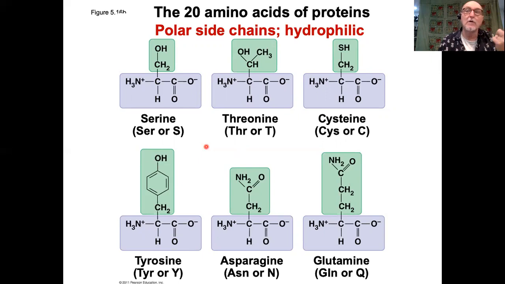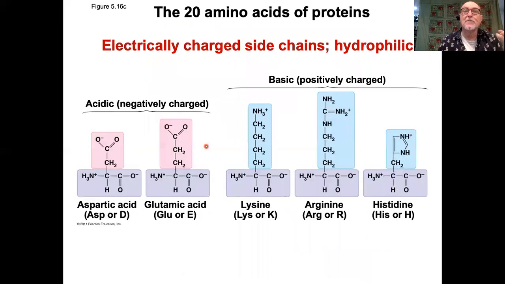So we've had non-polar groups, polar groups. Here we have strongly electrically charged groups. These here are acidic. They are negatively charged. These are basic groups. You can see, especially because they've got lots of nitrogen. As soon as you see nitrogen, you know that it's probably going to be basic. So these are strongly basic.